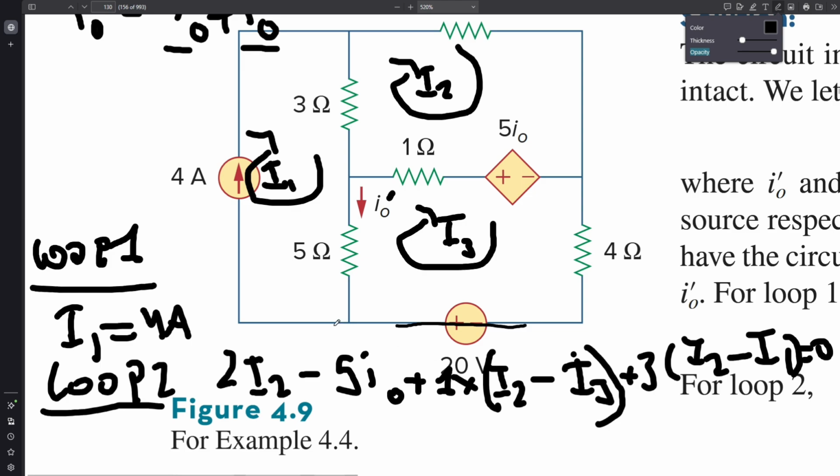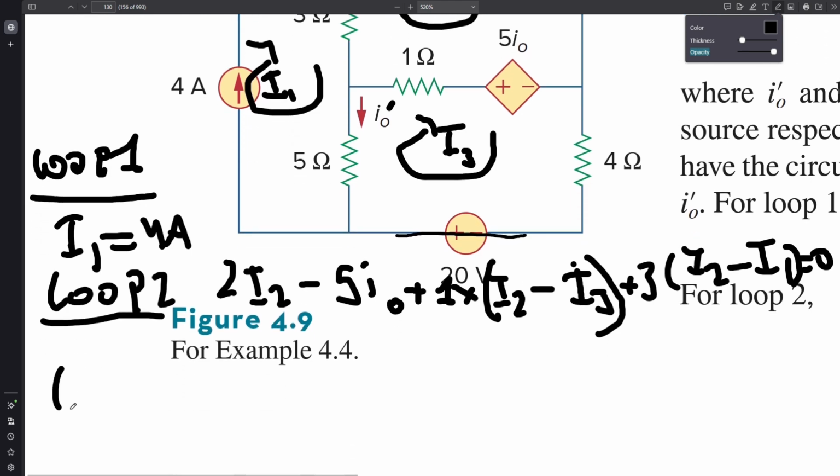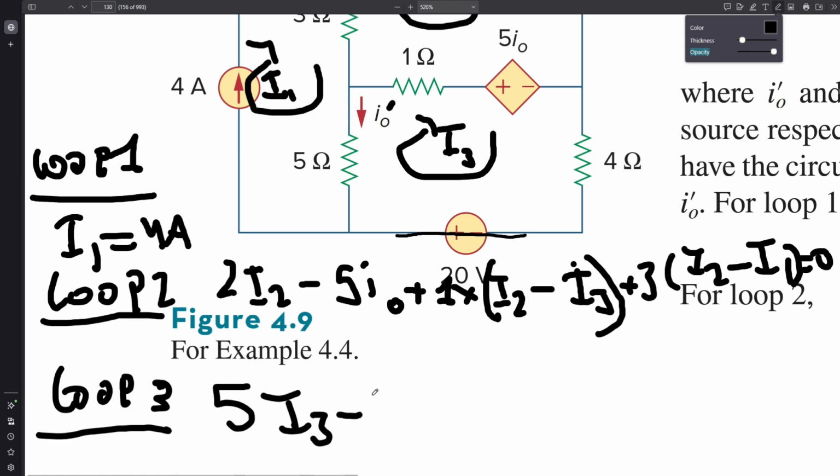Now for loop 3, you'll have 5 times I3 minus I1, that is for the first resistor of the 5 ohms. It has I3 minus I1.